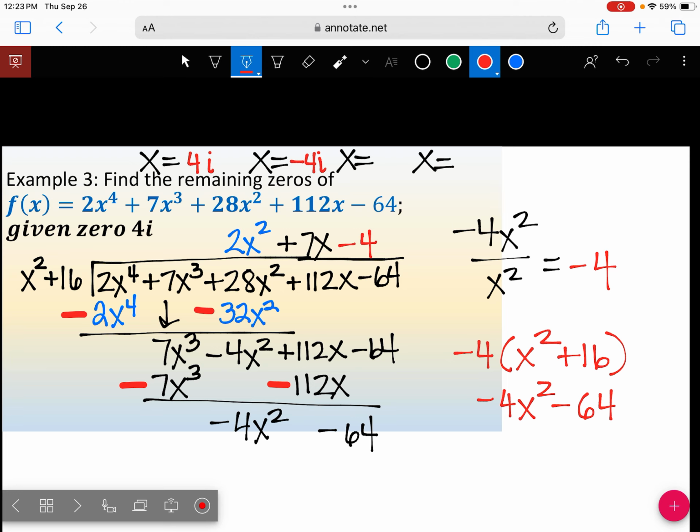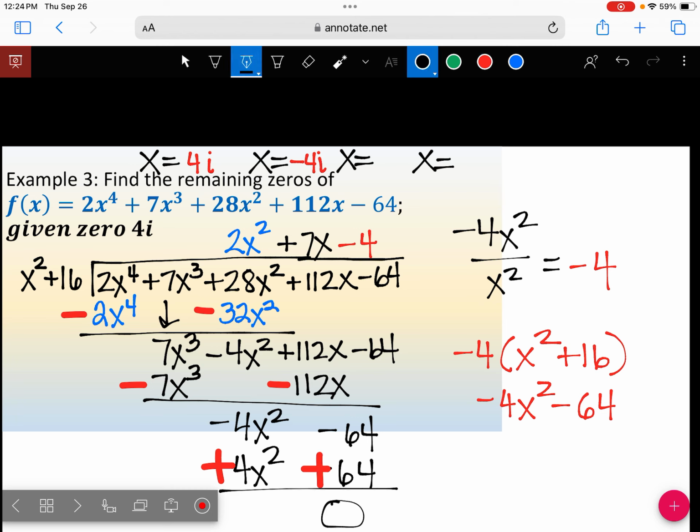And I'm feeling pretty confident. They both changed to a plus. And I know I did it right because I ended with a 0.